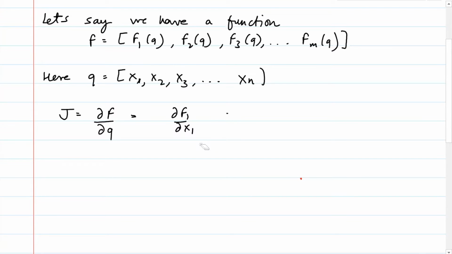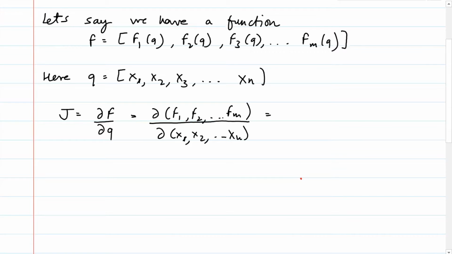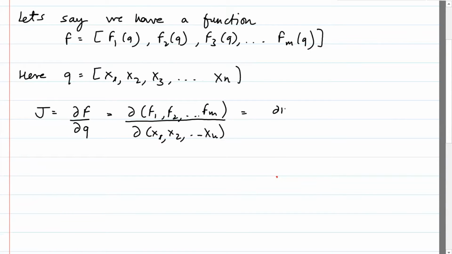By the way, another way of writing this is d(f1, f2, and so on, fm) over d(x1, x2, and so on till xn), which is the same as doing partial of f1 with respect to x1, partial of f1 with respect to x2, and so on till we end up with df1/dxn.